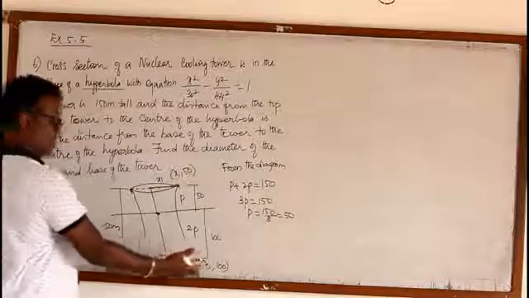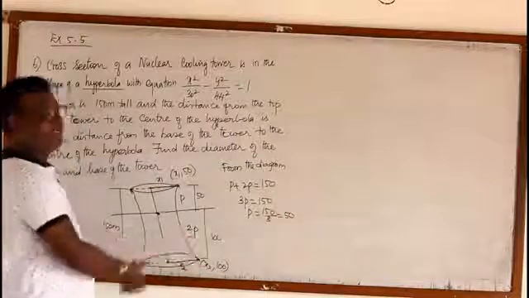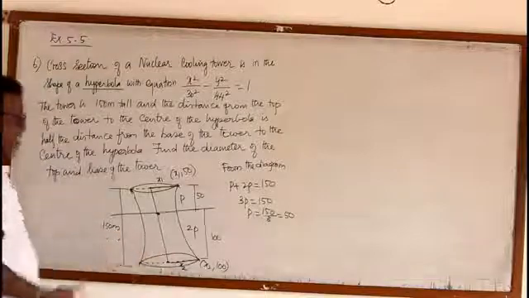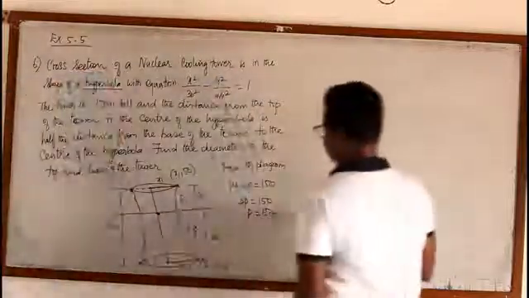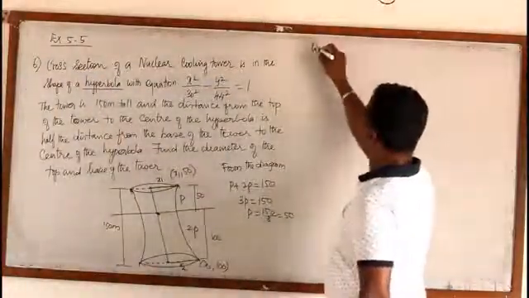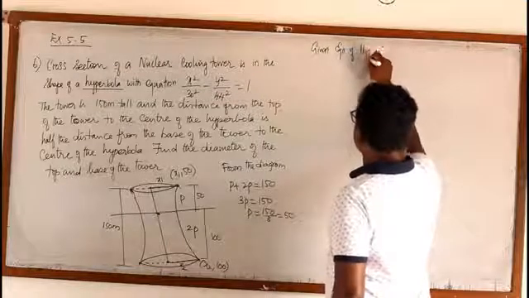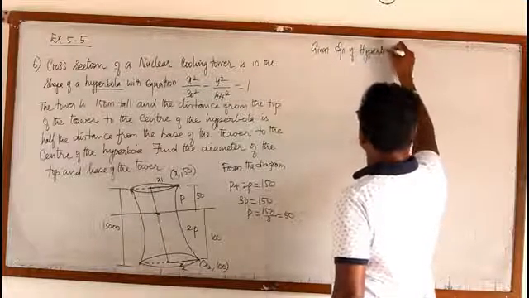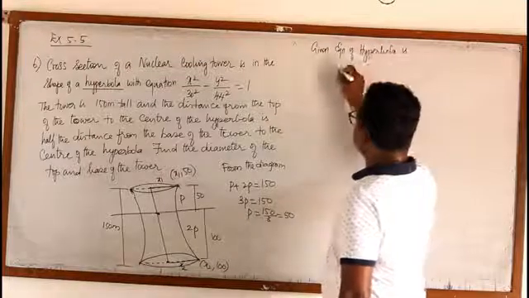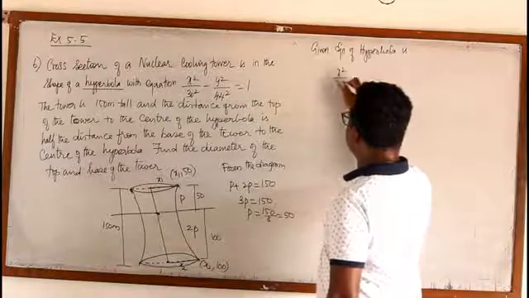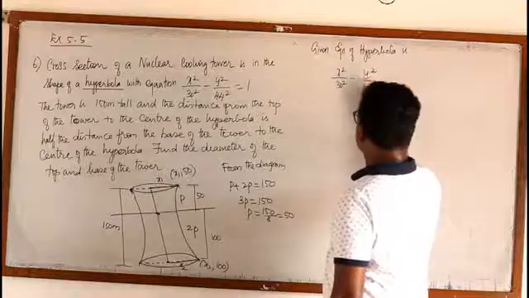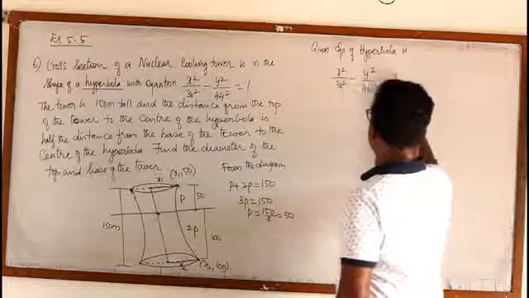Similarly, I have to find the x2, then multiply with 2 and get the diameter of the bottom. So given, the equation of hyperbola is x square by 30 square minus y square by 44 square equal to 1.